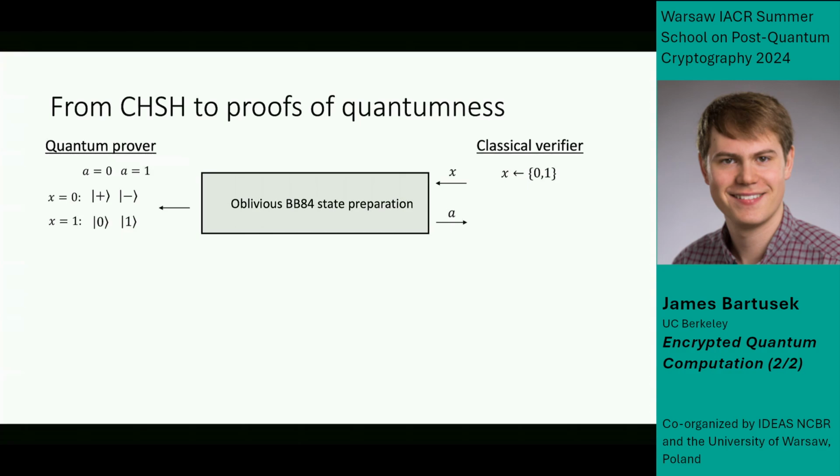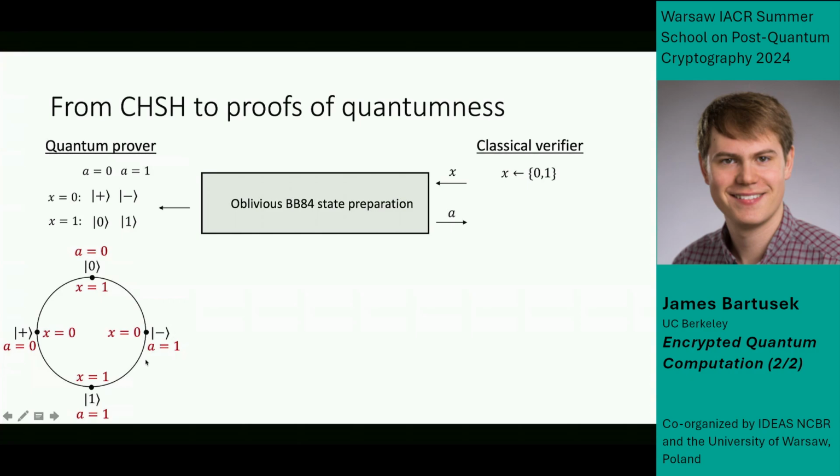But the observation is that the view of the quantum prover at the end of this state preparation protocol is exactly Bob's view in the CHSH game. So now let's view X as essentially Alice's question.